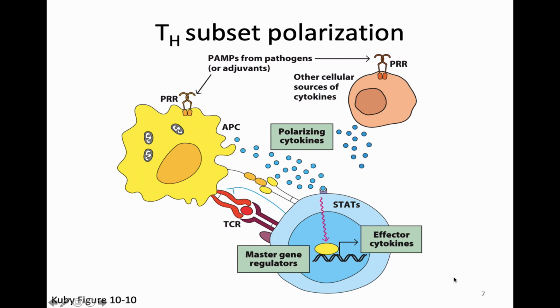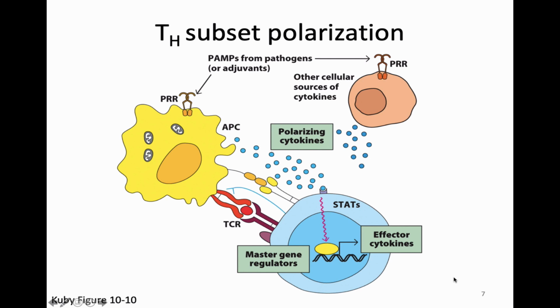As I was mentioning a second ago, we can come up with a lot of different types of helper T cell subsets. And really, in order to distinguish a helper T cell subset as being sort of a legitimate helper T cell subset, there are three main things that we have to have described.